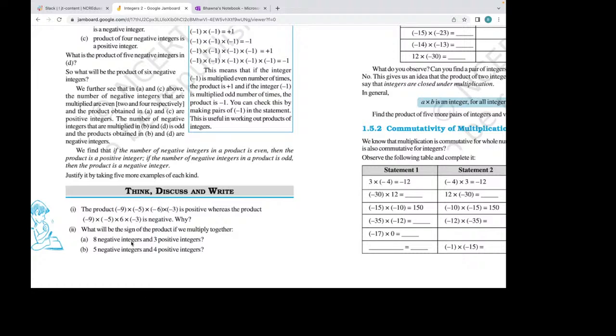Since 8 is an even number, you are multiplying 8 negative integers, which is an even number, so you will get a positive integer from here.